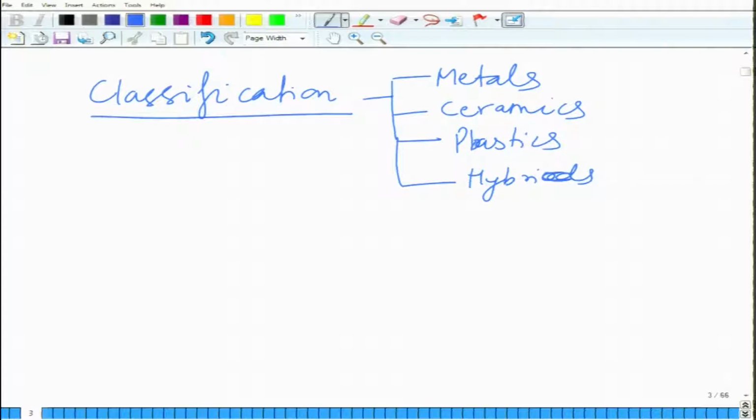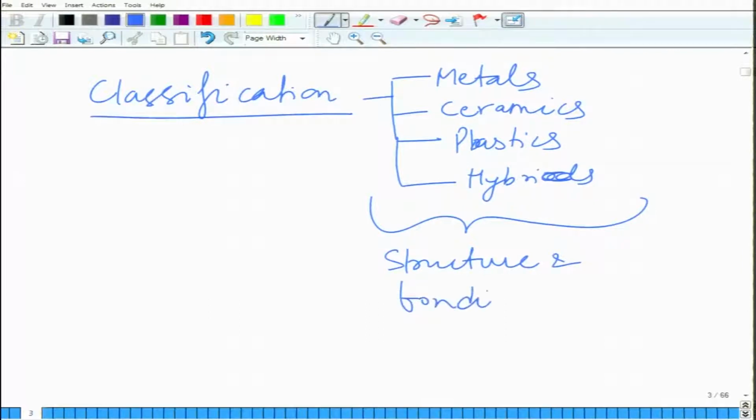So, this classification of materials is not only because of properties, but properties are because of structure and bonding. So, the basis behind this classification lies in structure and bonding. As we will see, metals are metallically bonded, and because of bonding they are malleable and ductile.